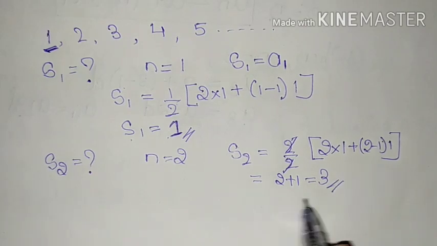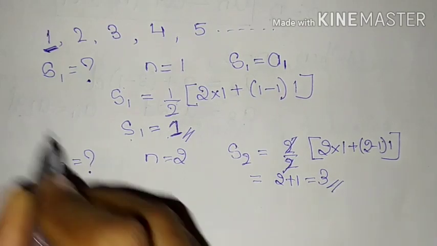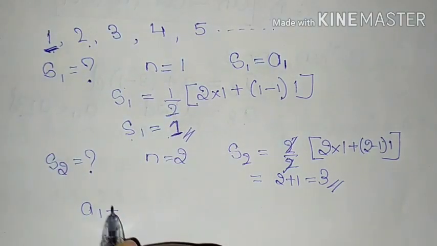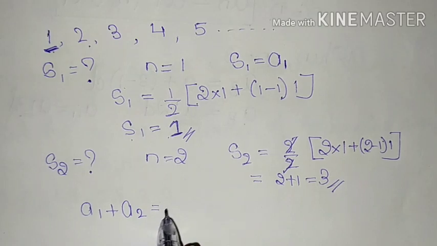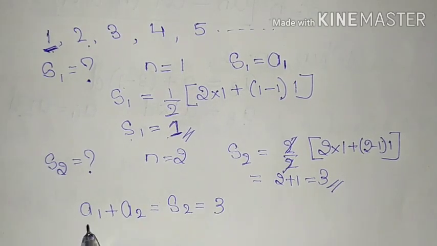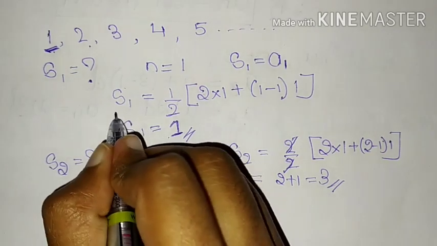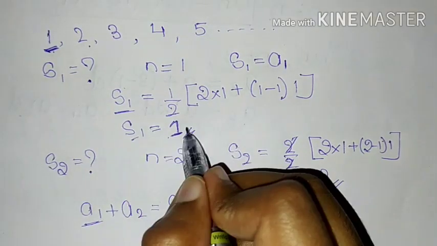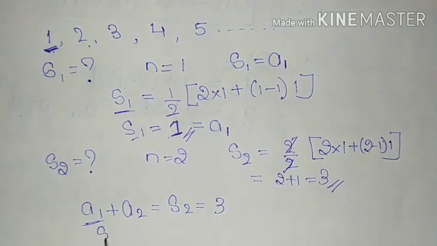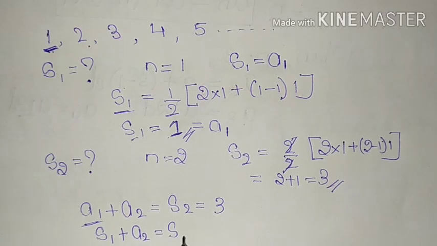So S2 is equal to 3, which is also the sum of the first two terms, 1 plus 2, that is A1 plus A2 is equal to S2, which is equal to 3. So now I can replace A1 by S1, because S1 will be equal to A1. So I can write it as S1 plus A2 is equal to S2.